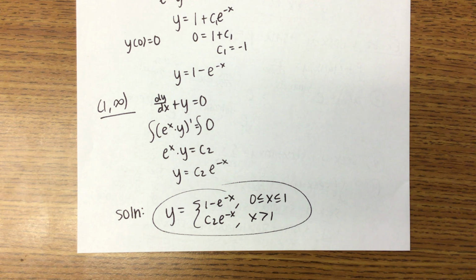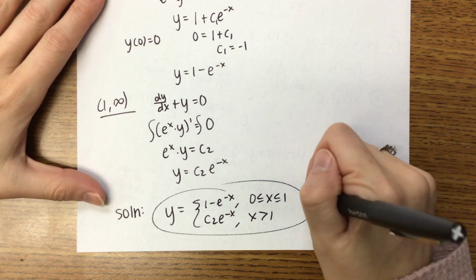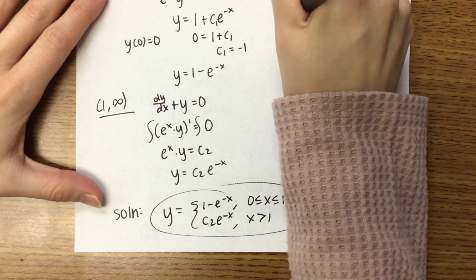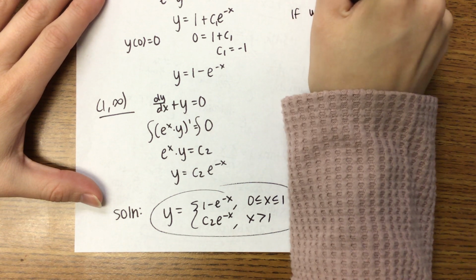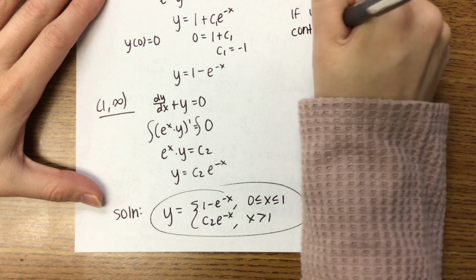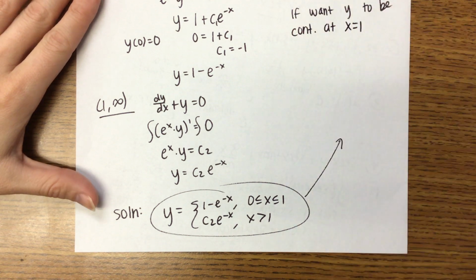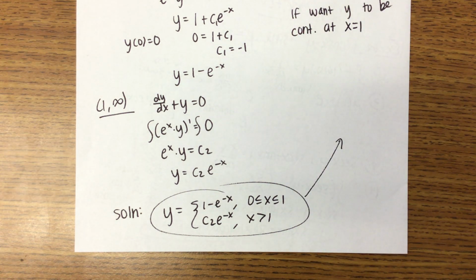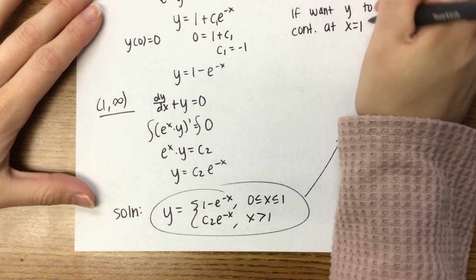Okay, there is one possible way to find c2. If we say we want our solution to be continuous everywhere, we can find c2. So we're going to do that real quick. If we want y to be continuous, specifically x equals 1 is the place where discontinuity could happen.